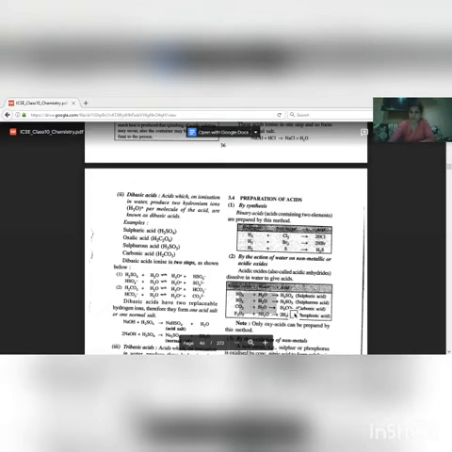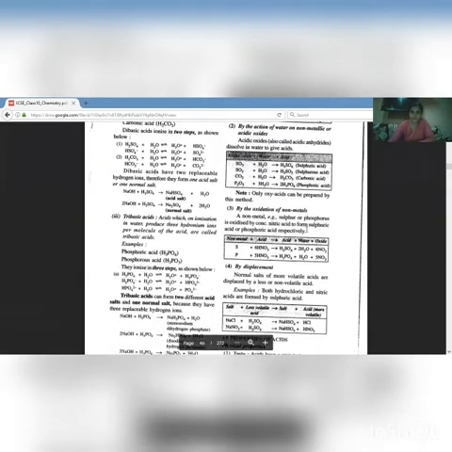All are forming acids, different types of acids, but the reaction is with water. Next we are coming to the next type of how the process of formation is going on. That is third, the oxidation of non-metals.